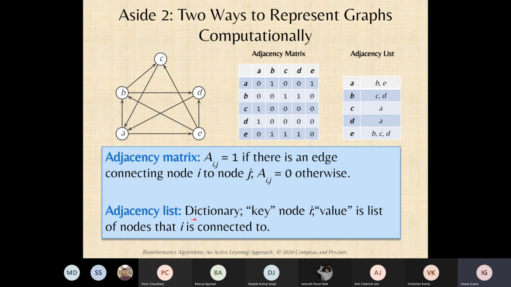In the adjacency lists, essentially you will have dictionaries, just like I showed you dictionaries earlier, where instead of storing numbers at each of the dictionary key values, numbers that represented where a particular keyword is found in a sentence, here you store pointers to the location of those nodes themselves. So the key is the node I and the value is the list of nodes that I is connected to.